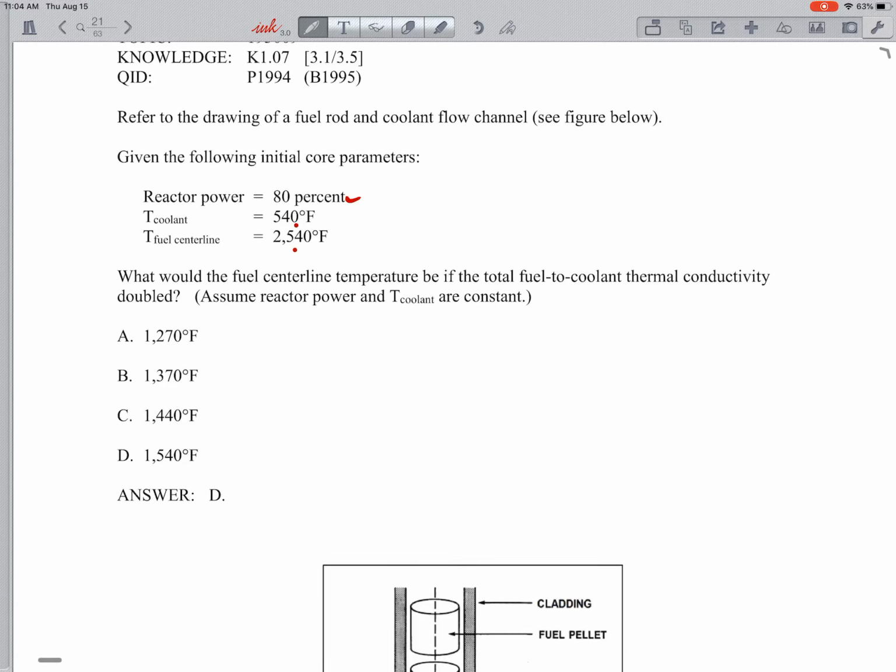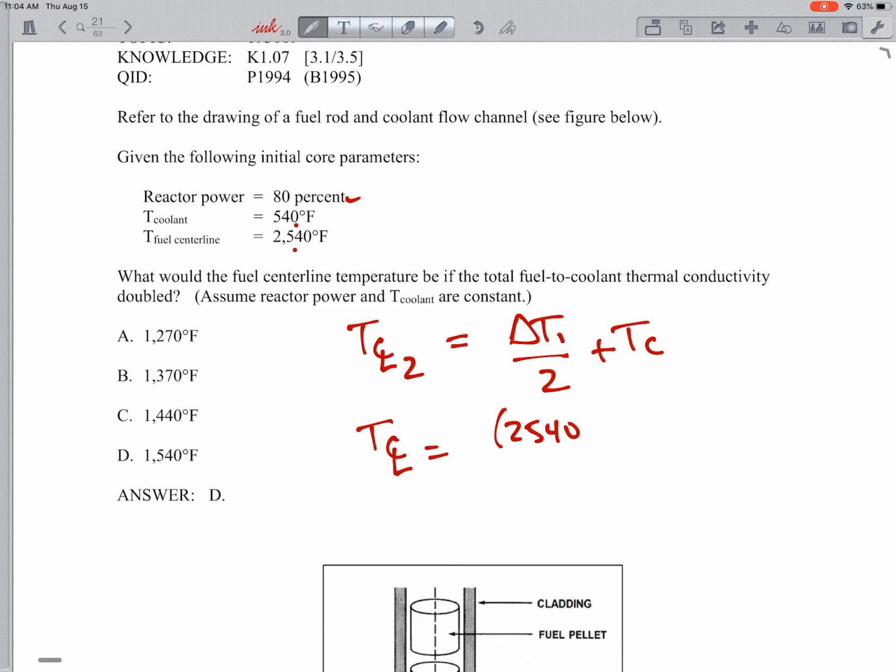All right. So I think we can do this. Temperature centerline at state 2 is going to be equal to delta T1 divided by 2 plus temperature of the coolant. So the fuel centerline temperature is going to be 2540 minus 540 divided by 2 plus 540.